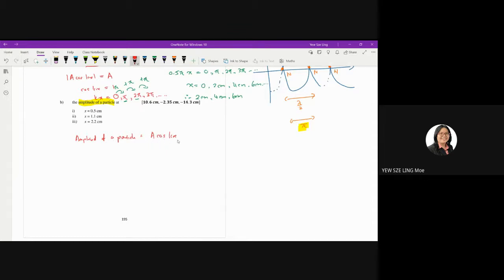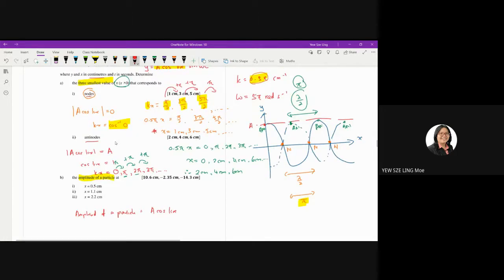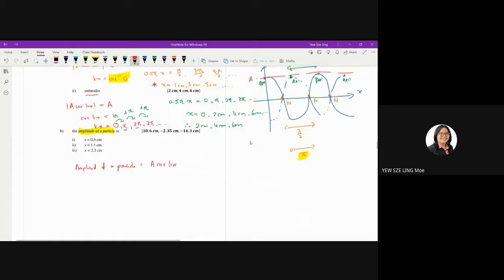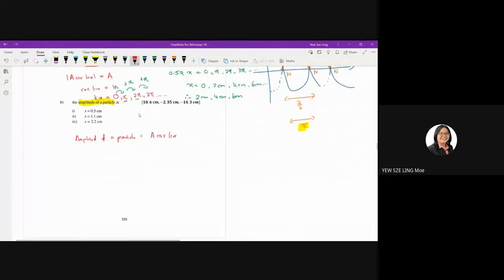So A cos kx, now we are given x equals 0.5 cm, then how about A? If you look at the equation, just now we said A is equal to 15 cm. So given A is equal to 15 cm, when x equals 0.5 cm, I'm just going to write amplitude here to make it easier, because it doesn't have a symbol.